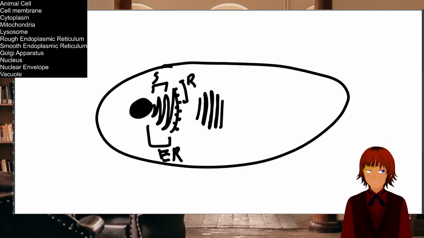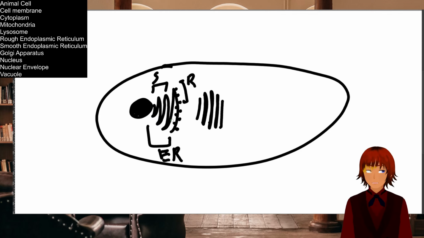All right. Next up, we have the nucleus. So the nucleus is basically kind of like this. It's basically a really dense circle that contains your DNA.